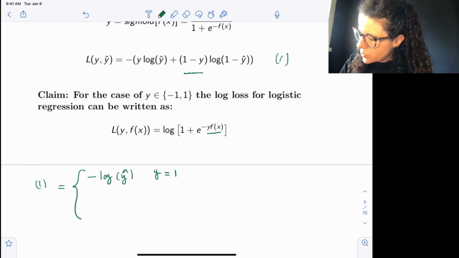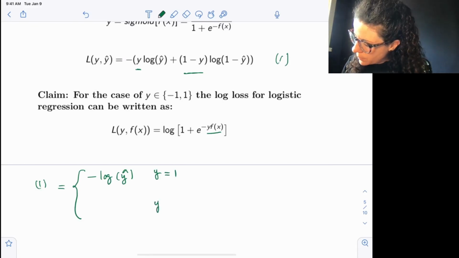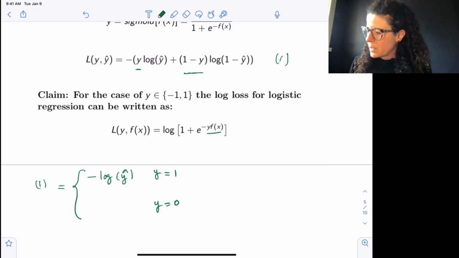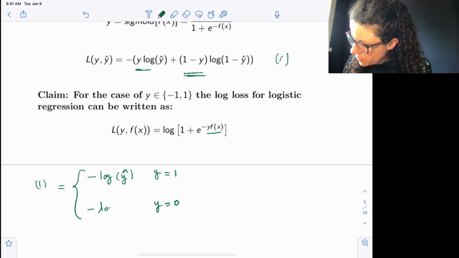By the way, this factor will be 1, so I don't have to write it. In a similar way, if y is equal to 0, then this part is going to be 0, and this is going to be 1, and we have minus log of 1 minus y hat.